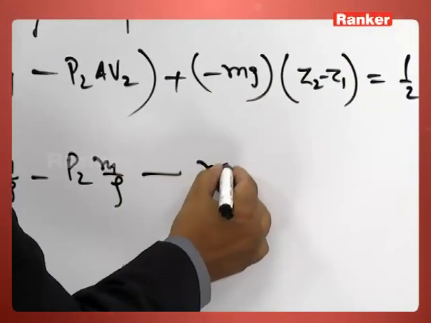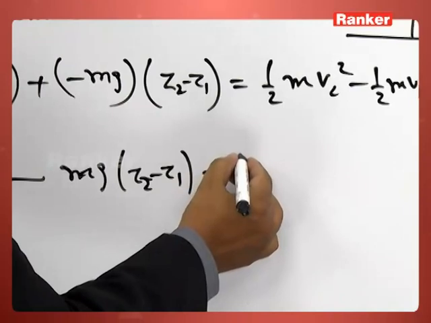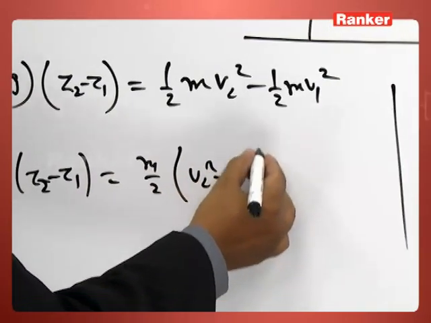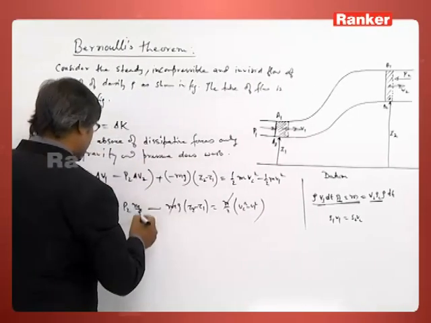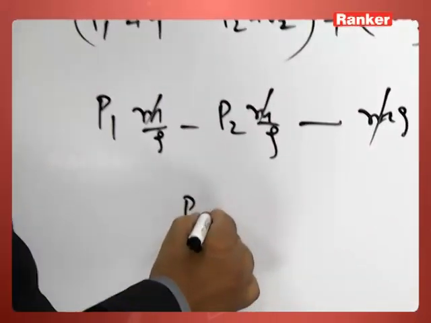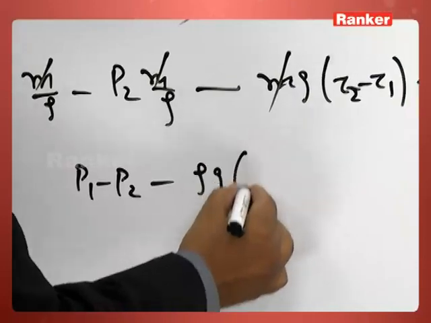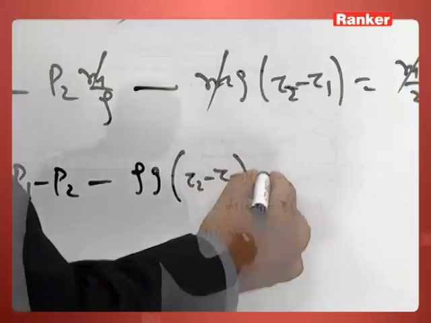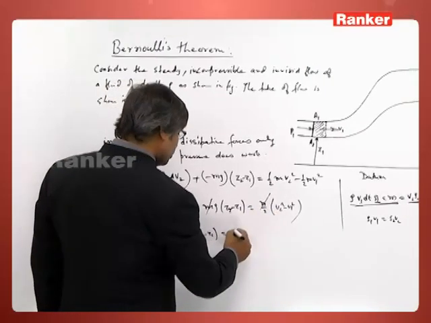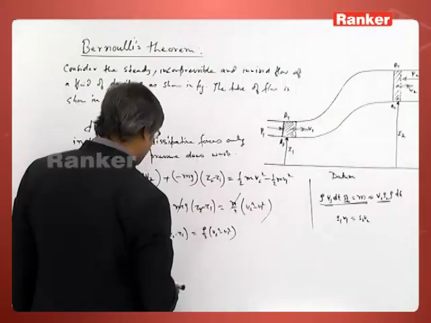Minus mg into z2 minus z1 is equal to m by 2 times v2 square minus v1 square. Now m can be cancelled. So I write P1 minus P2, plus rho g into z2 minus z1, equal to rho by 2 into v2 square minus v1 square.